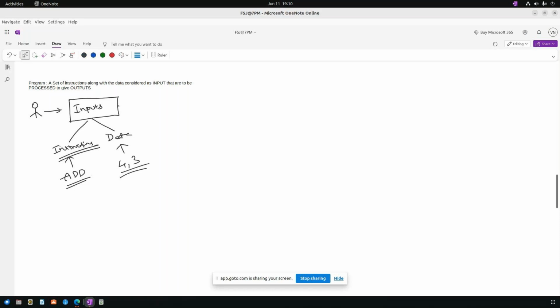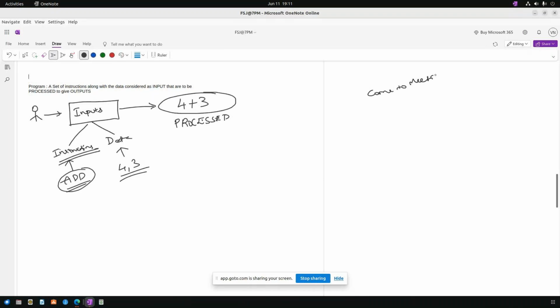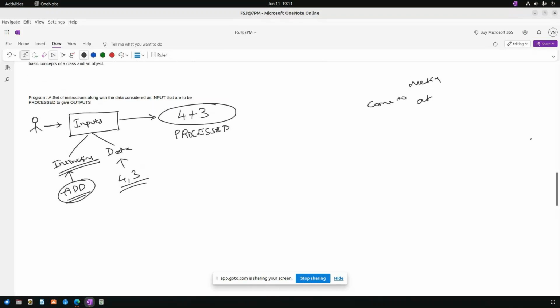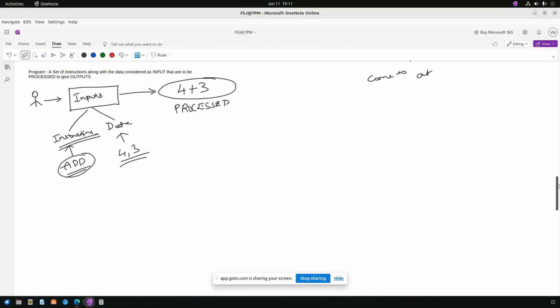So this data and instructions must be processed. What do I mean by processing here? Processing means adding these two values. Now, for example, I asked you to come to the meeting at 7 o'clock.